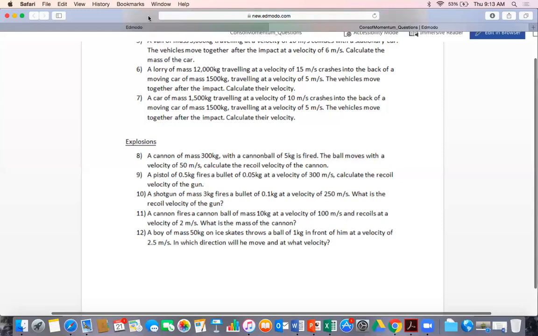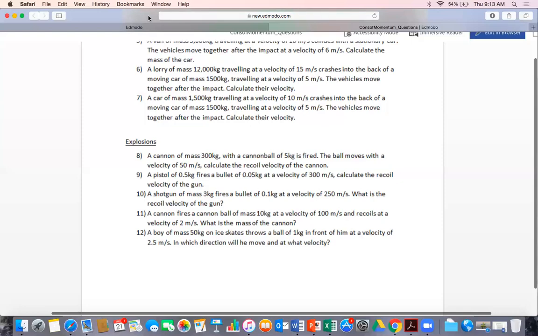Because when the cannonball is shot, the cannon will move back. When you shoot, not just a cannon, any gun, when the bullet comes off, there will be a recoil. Recoil is basically the gun moving backwards. So the first thing to note is it is moving backwards, which means I'm going to get a negative answer.